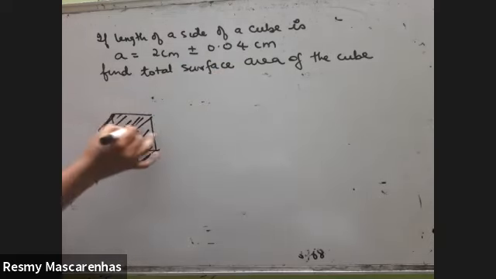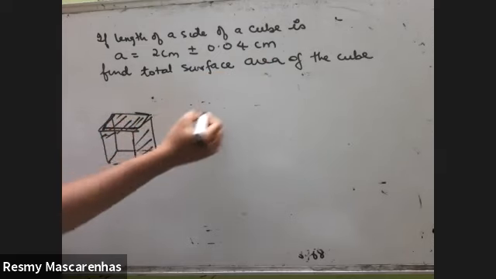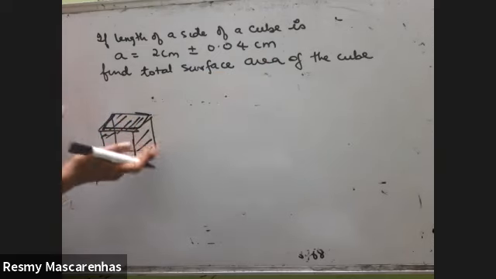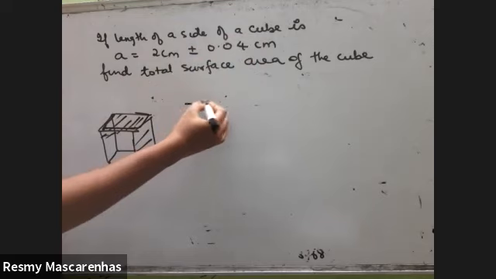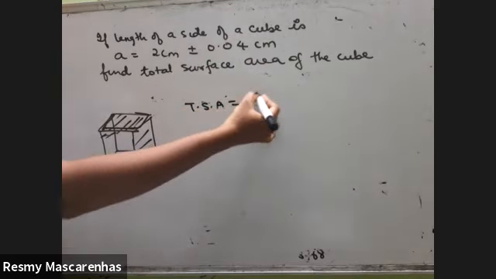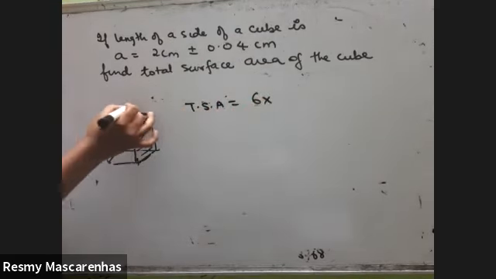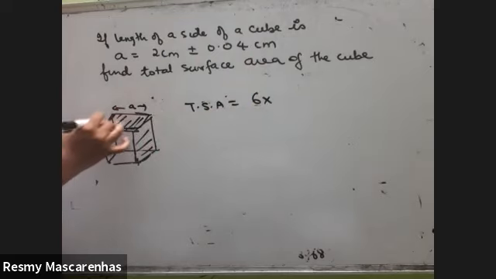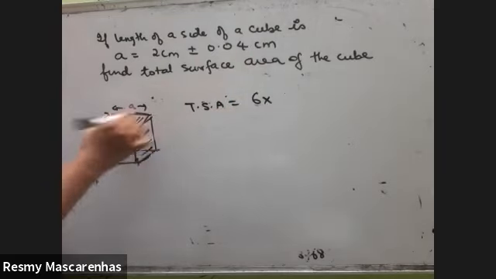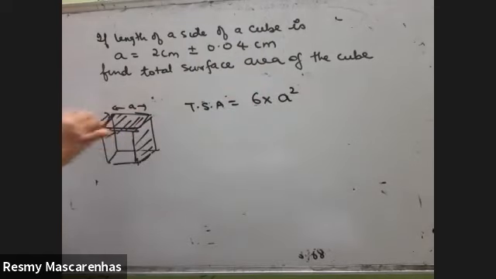So it's like 6 squares joined together. Your total surface area of cube is 6 times. If this is A, what will be the area of one face? A square, length into breadth.